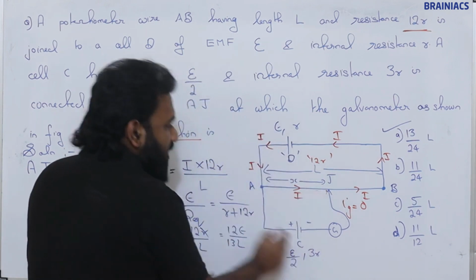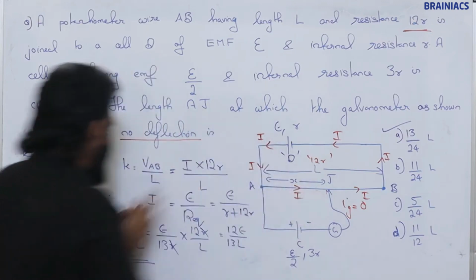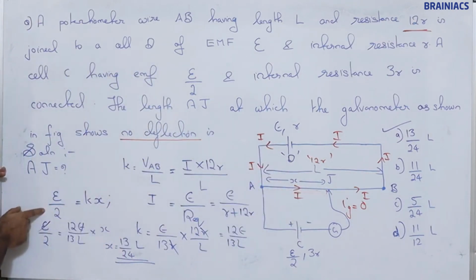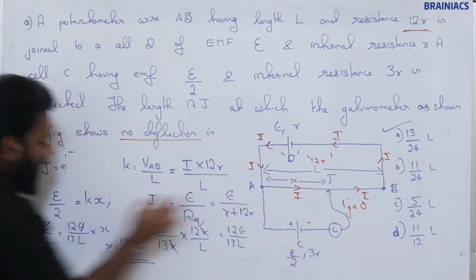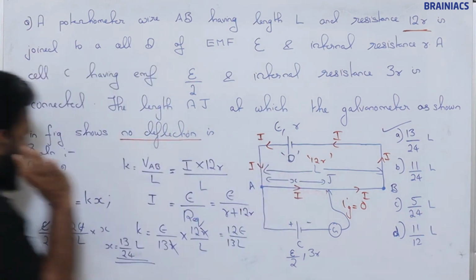And this voltage is equal to potential gradient into this length. So E by 2 is equal to K into X. X is the balancing length.